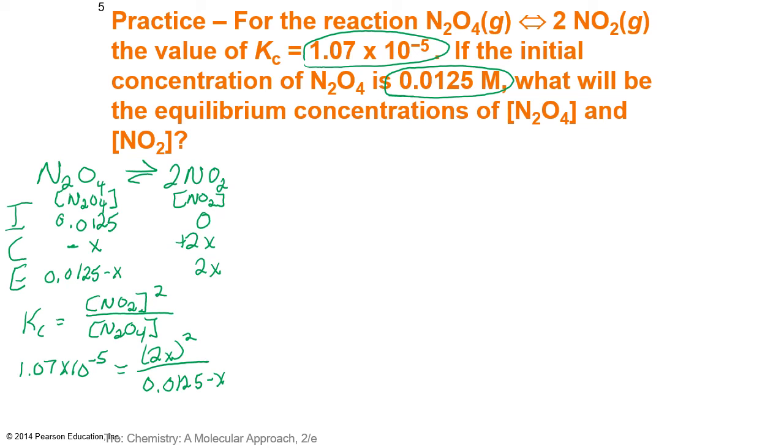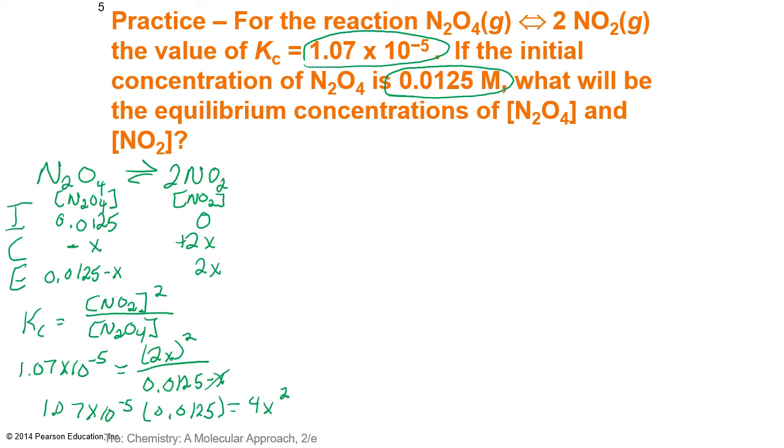Okay. We're going to make the assumption that x is small. We'll double check to make sure that that is right, but we can rearrange our equation. Okay, we can solve for x.